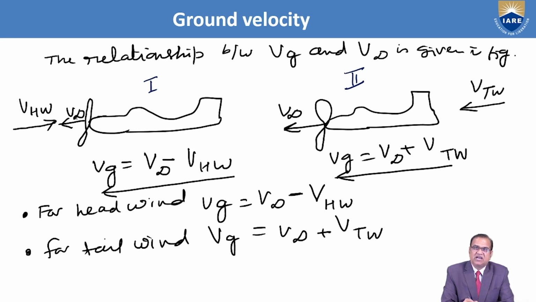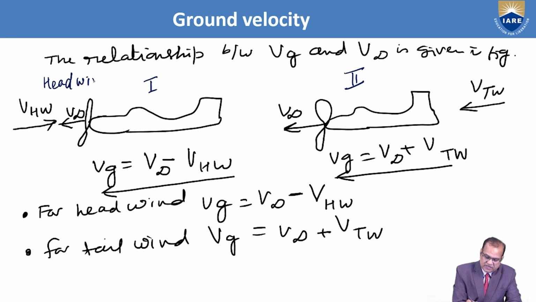V infinity is the velocity of the aircraft, and the wind is coming from this direction. If it is headwind, Vg will be V infinity minus VHW, which means Vg will be reduced. This is the case of headwind, and this is the case of tailwind.